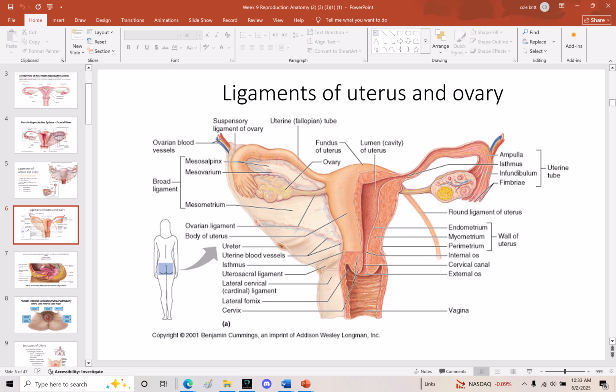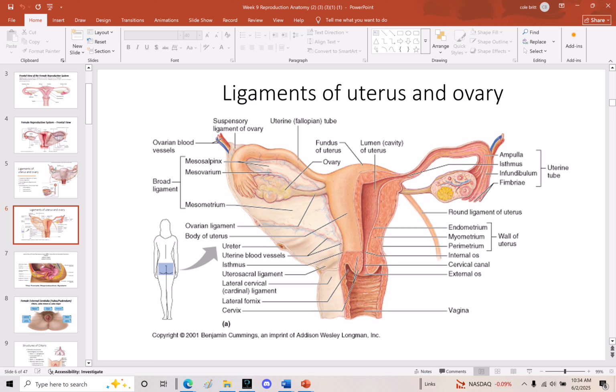Even to the point it maybe implants in the endometrium, but it's not there for a couple of days. You don't really realize, nothing will start happening then. And so you have your menses, and you pass out the fertilized zygote at that point, and you don't even know you're pregnant. Not terribly common.